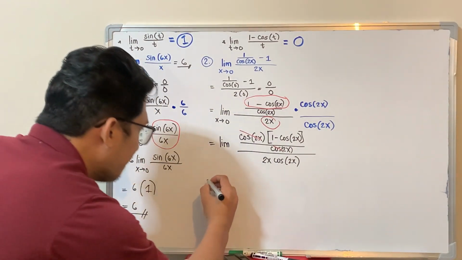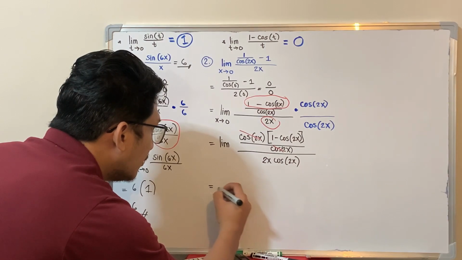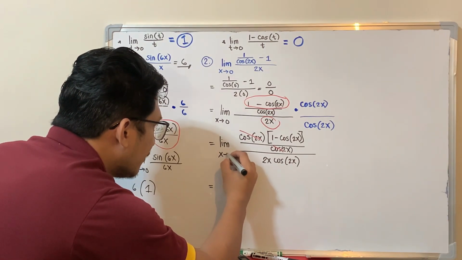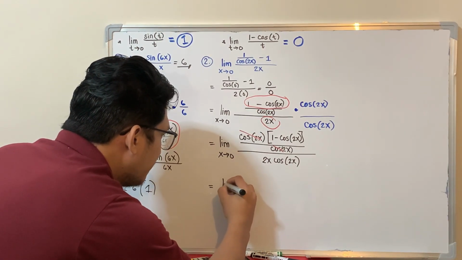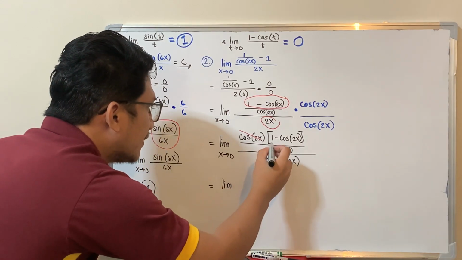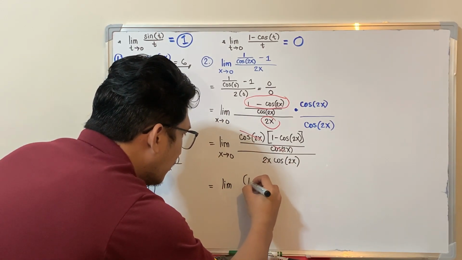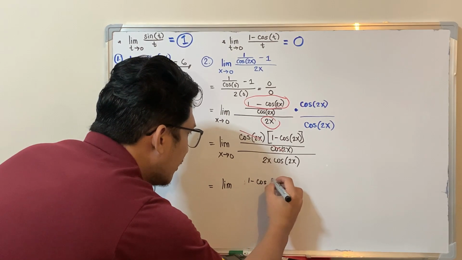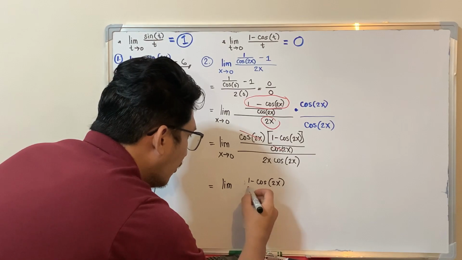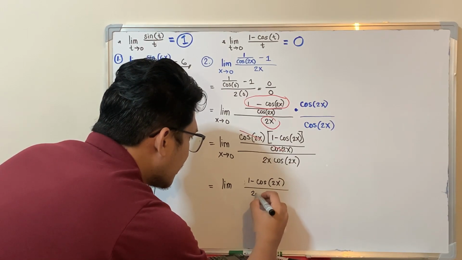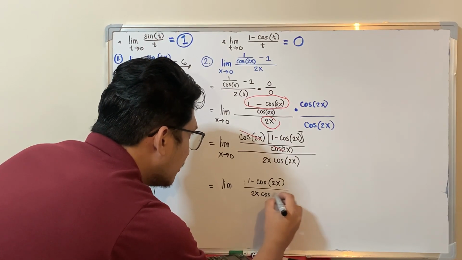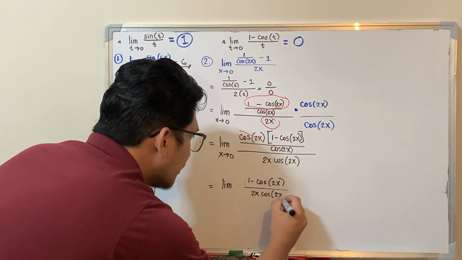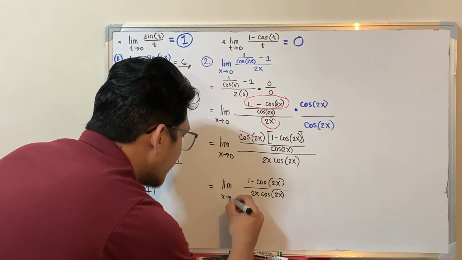Siyempre, mabilin this will just become equal to the limit, sorry, as x approaches 0 din you have the limit of, kaninian na lang siya, 1 minus cosine 2x, where did I put this? Cosine 2x all over 2x cosine 2x. Siyempre, as x approaches 0.